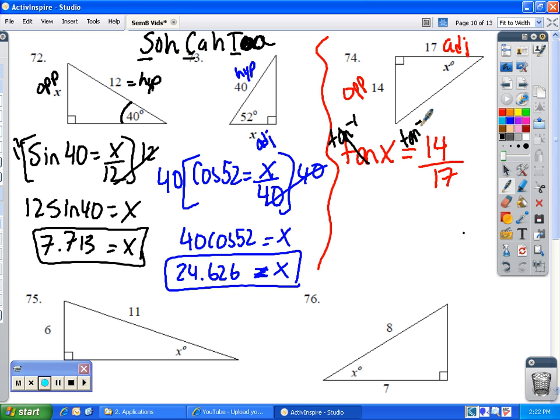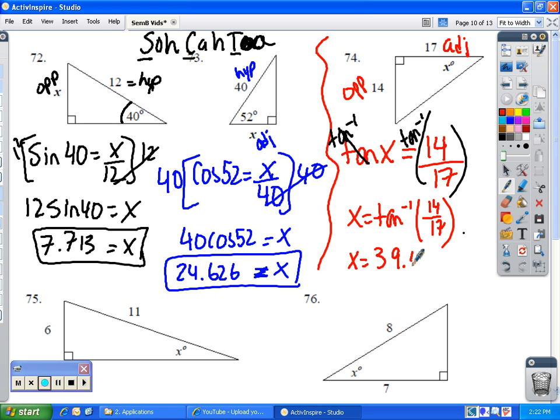Taking the inverse tan of this side, we need to do it to keep the balance. So x now equals the inverse tan of 14 over 17. Type it in your calculator, second tan, 14 divided by 17. And you find out that x actually equals 39.472. And since it's an angle, that's degrees.